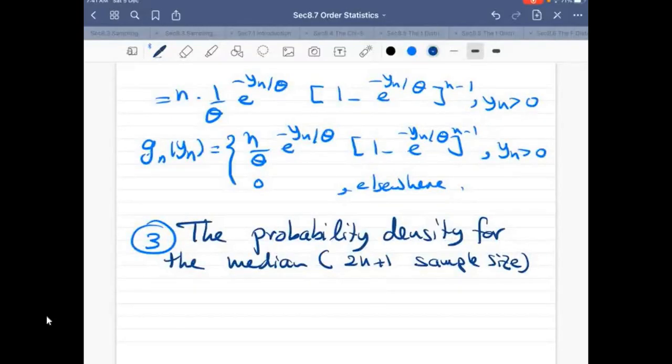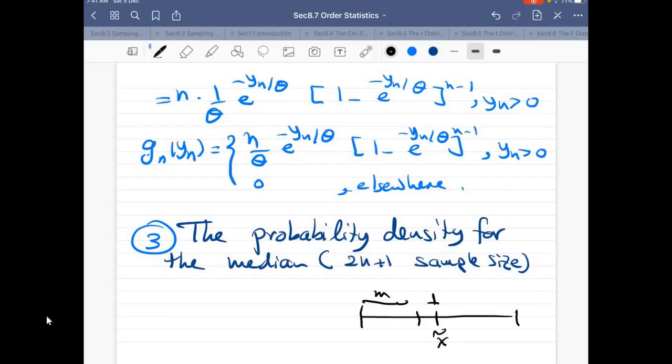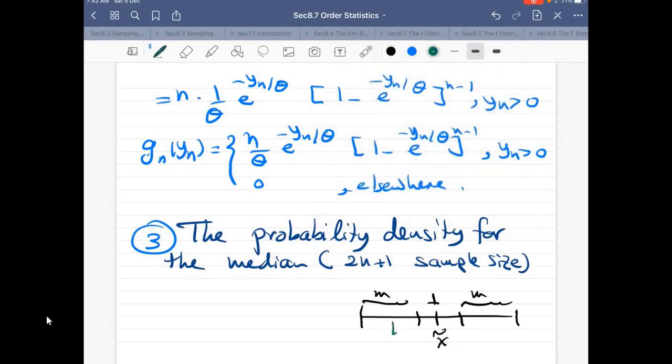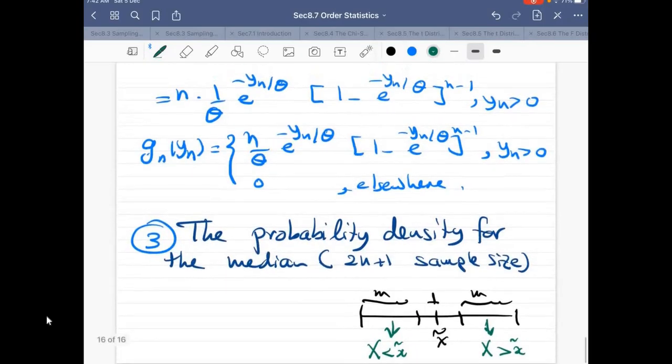Okay, again I draw it and I assume that I don't memorize the formula. So here will be the median at this position. Before the median, I will have n variables, and after the median, I will have n variables. For the first set of variables, x is less than the median, and for the second set, x is greater than the median.